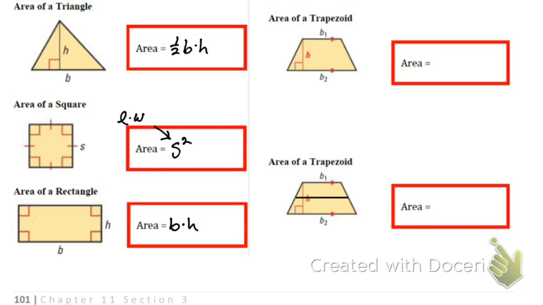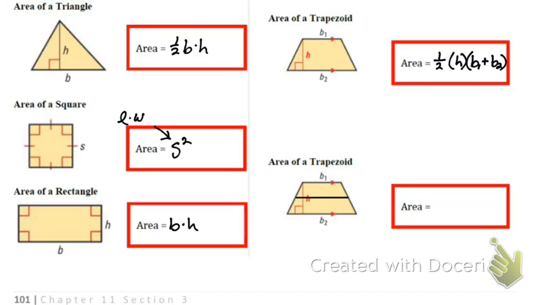New stuff: the area of a trapezoid is half your height times B1 plus B2. But why is it 1/2 times B1 plus B2?